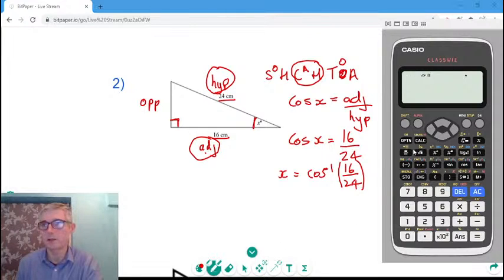So I'm just pulling that back up again. And so we're going to go shift cos this time and use the fraction button. 16 over 24, and then just navigate out of there.